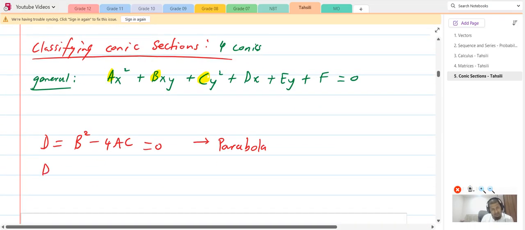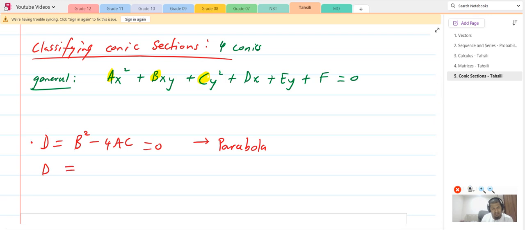Now if d is less than 0, we get an ellipse. Further analysis tells us if d is also less than 0, we can get a circle. When do you get a circle?